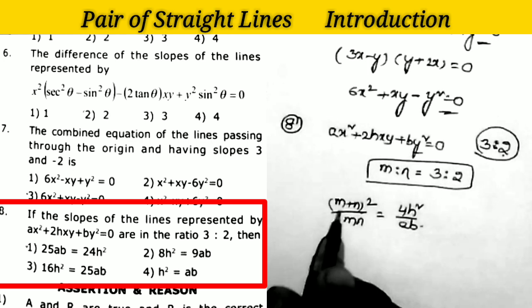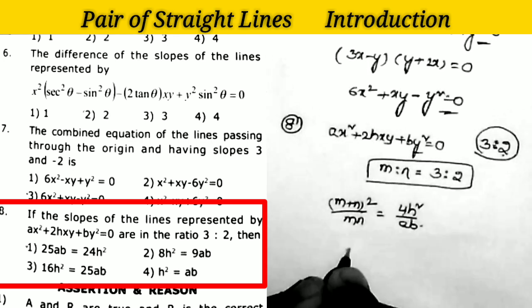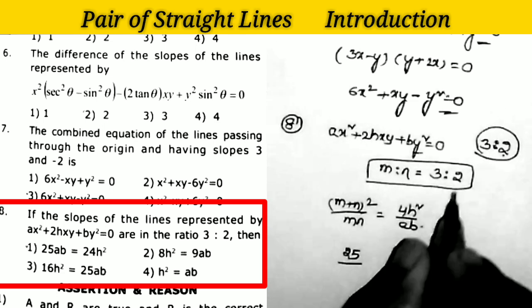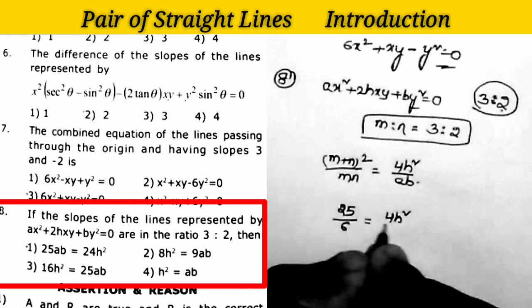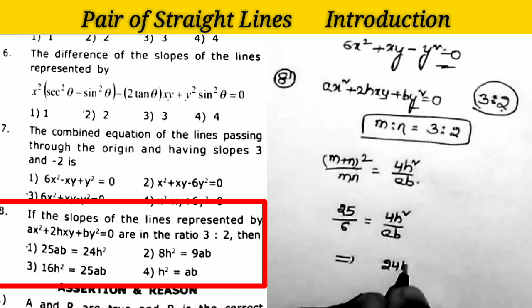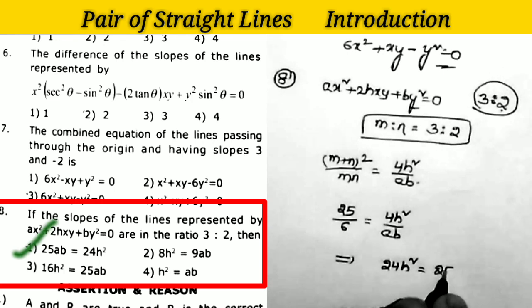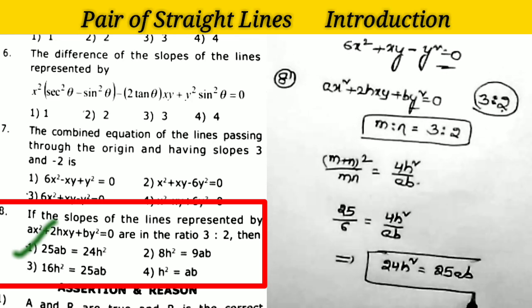Now replacing the values, what are m, n here? 3, 2. (m + n)², 5², 25 by mn, that is 6, is equal to 4h² / ab. Now taking the cross product, we get 24h² = 25ab, and this is the first option.